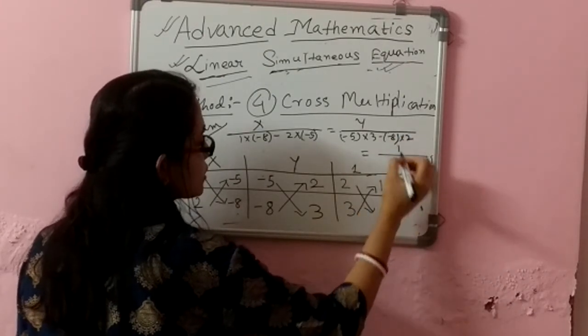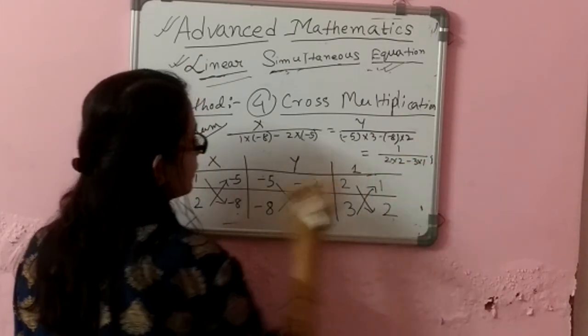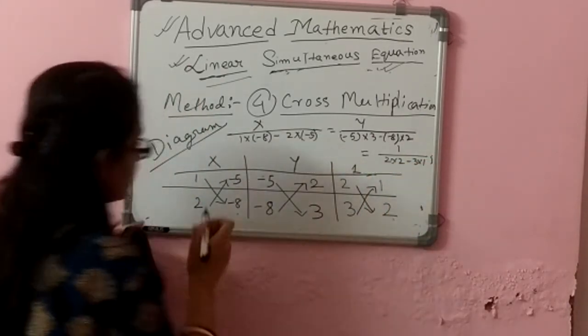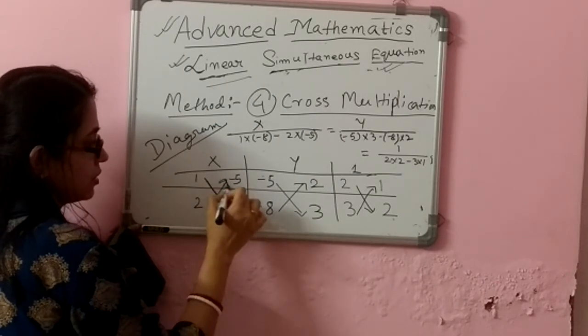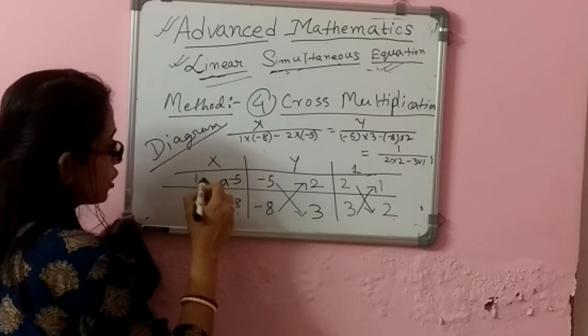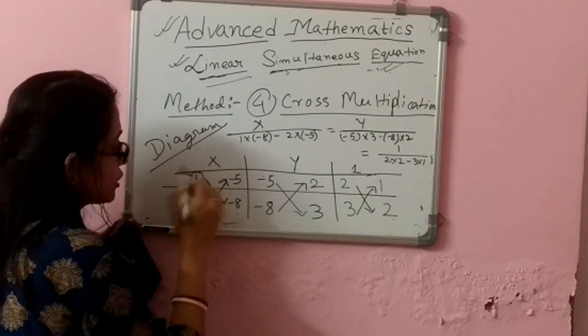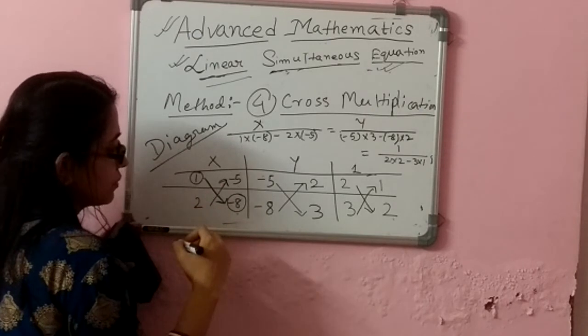And this is the constant part, that is 2 into 2 minus 3 into 1. See, cross multiplication, how we have done it. We have cross multiplied the coefficient of y with the constant of the second equation.